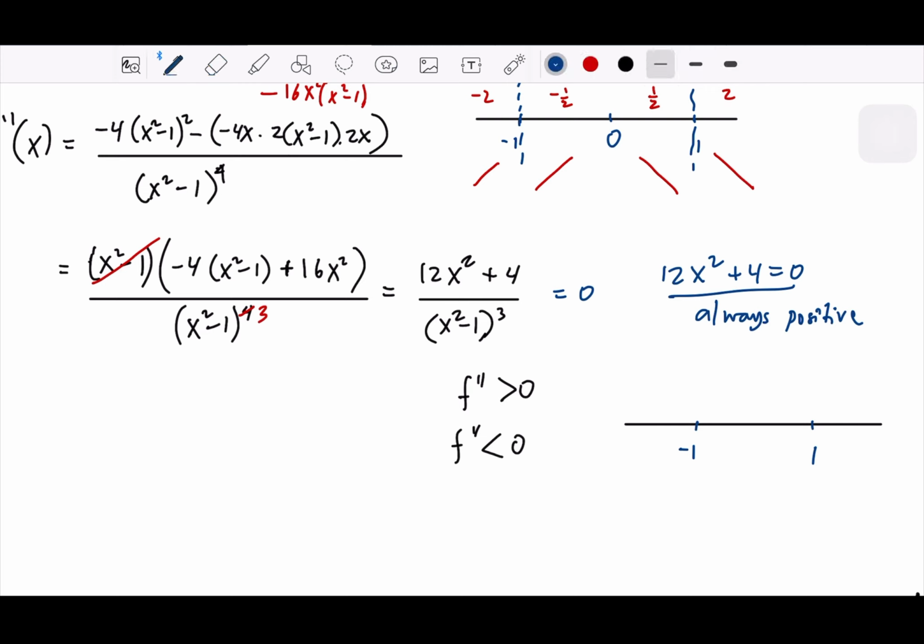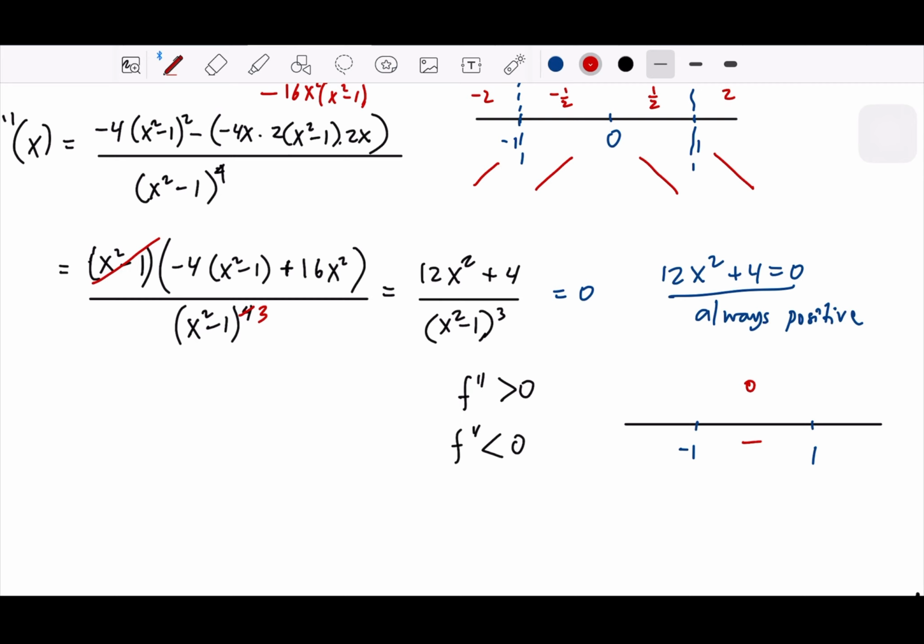So maybe checking with, let's say, 0. It's a negative, right? Because the denominator will be negative. Okay. So we are only checking the denominator because the top one, the equation here, is always positive. So check 0, it's negative. Check with maybe positive 2.